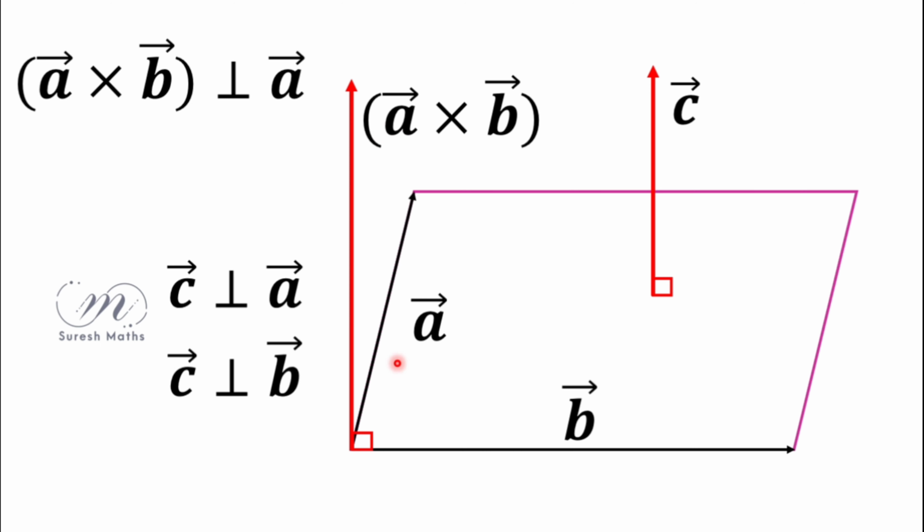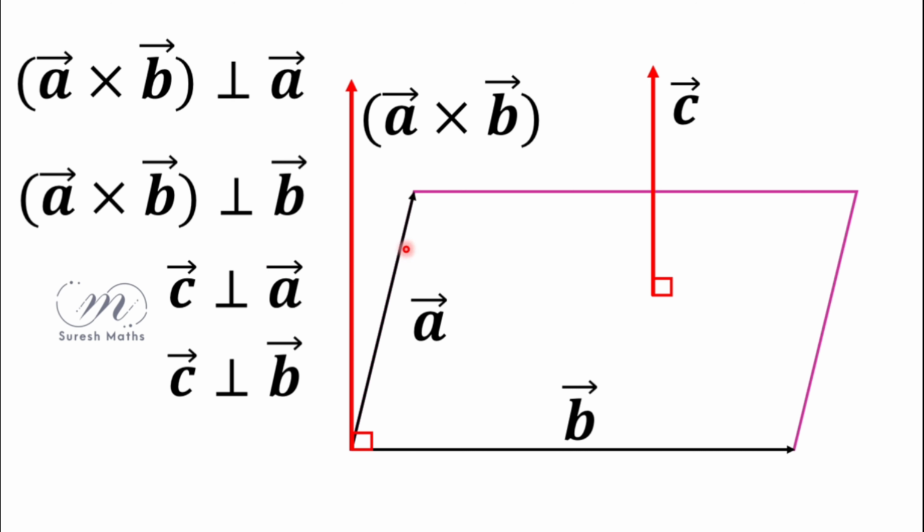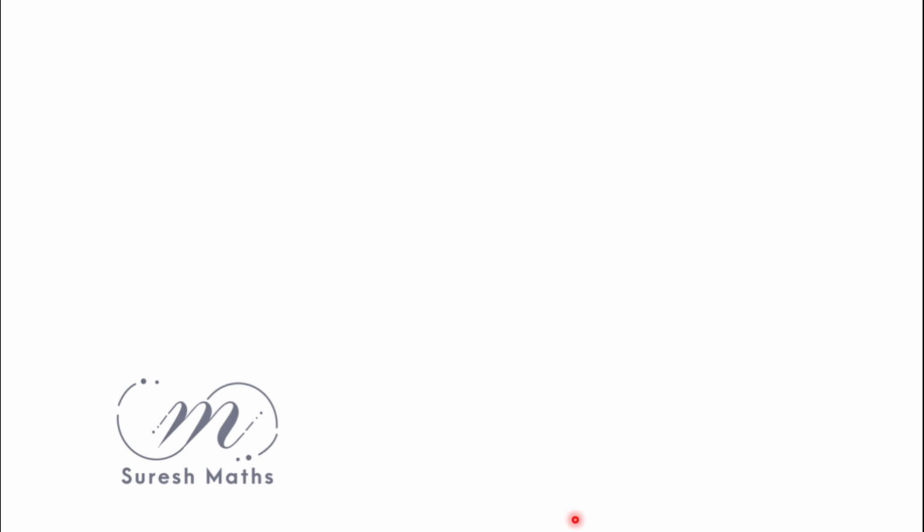A cross B is perpendicular to A, it is very well known, and A cross B is perpendicular to B vector too. So both vectors are parallel. C is parallel to A cross B.